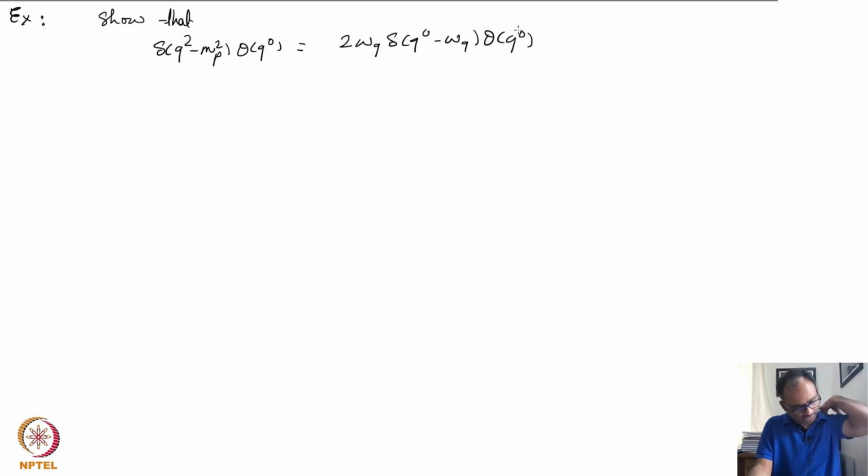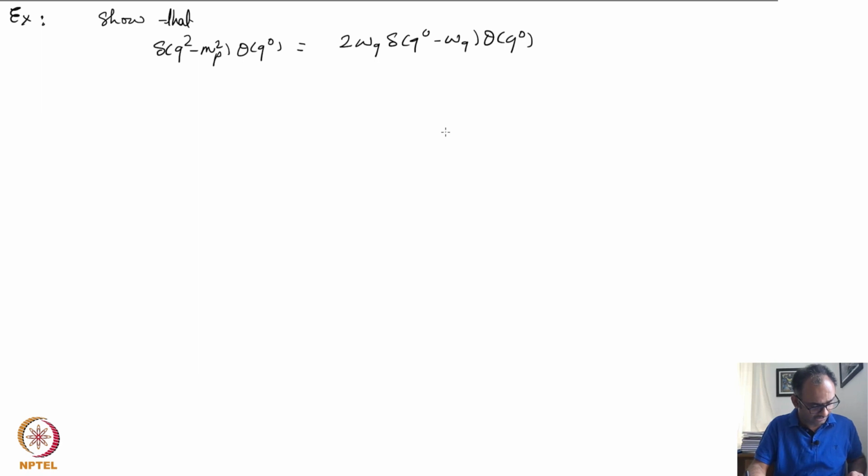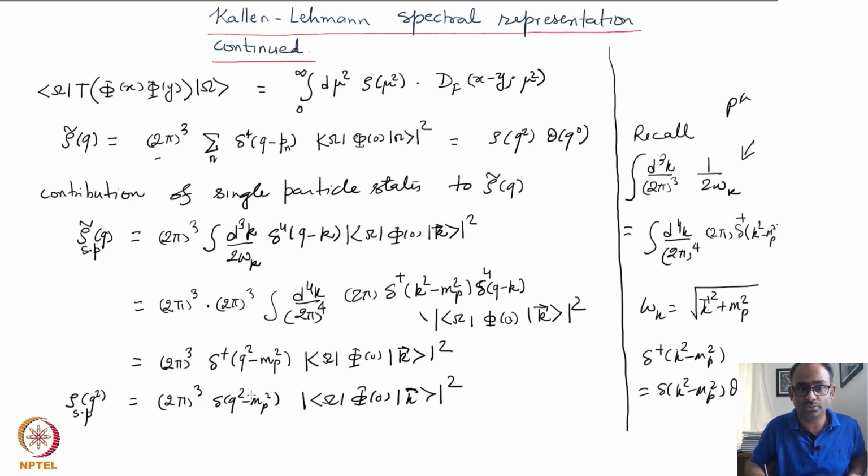So this time you will not utilize this result here, which I used, but you should now show this, and then you can utilize it to arrive at the same expression of rho of q square.